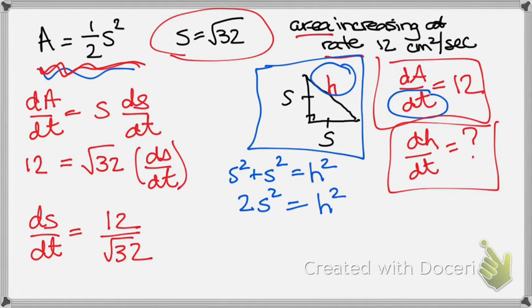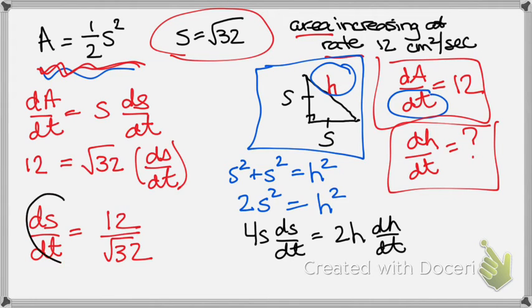Now I'm going to do the derivative of both sides. On the left side, that would be 4S ds/dt is equal to 2H dH/dt. And maybe now you can see where we're going with this. Now that I have ds/dt, now I'll be able to solve for dH/dt.